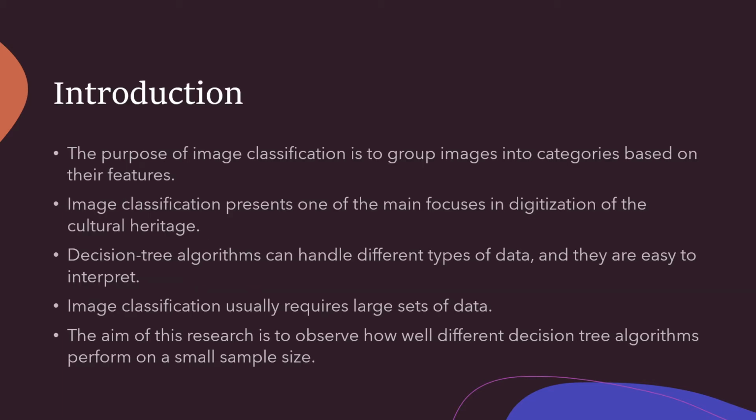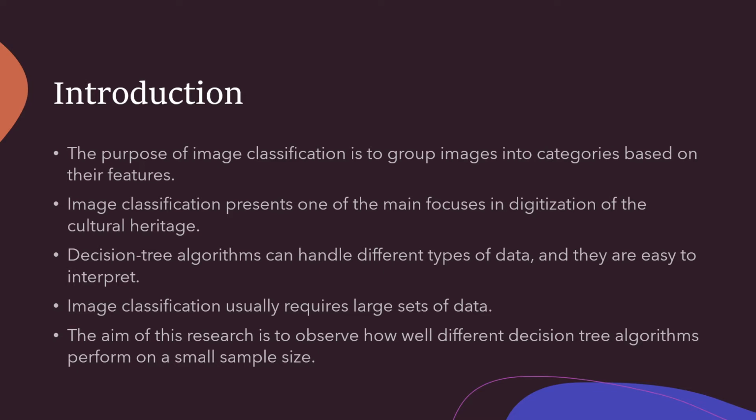The purpose of image classification is to group images into categories based on their features. With the growing need for digitization, especially in the domain of cultural heritage, where we are trying to preserve as much of the data from the past as possible, image classification has become one of the main focuses of research.